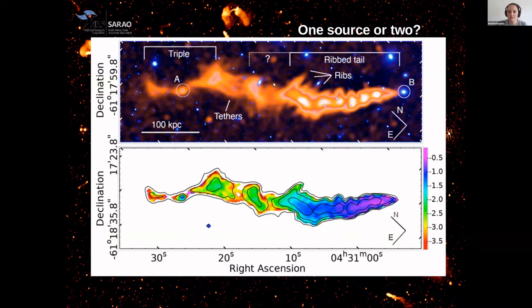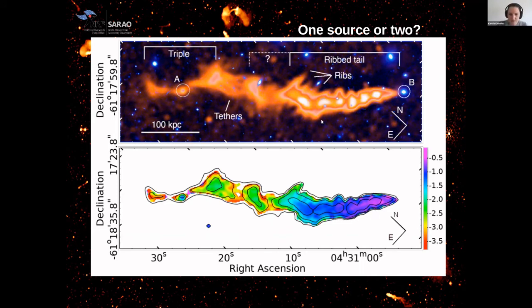But even within the source itself, there's a lot of very interesting morphologies. It looks like a tailed galaxy, but the tail itself seems to have periodic ribs. There's also tethers between two bright regions. And so here we looked at the spectral index map of the region.